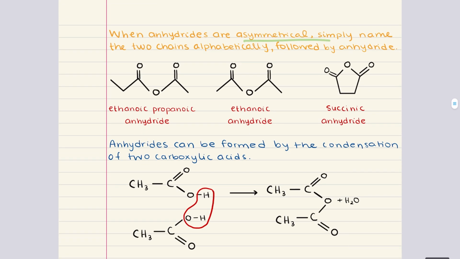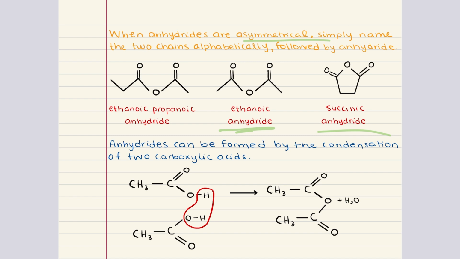For example, if the carboxylic acid is ethanoic acid, the resulting symmetrical anhydride is called ethanoic anhydride. If the acid is succinic acid, which is a dicarboxylic acid, then the corresponding anhydride that's formed is succinic anhydride.